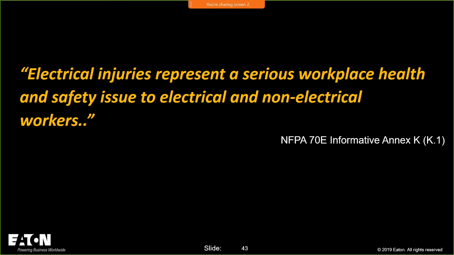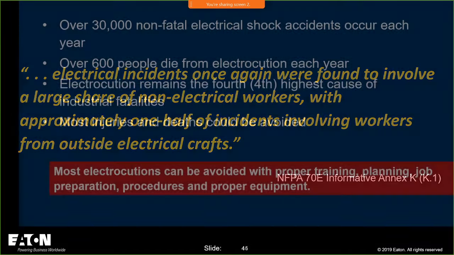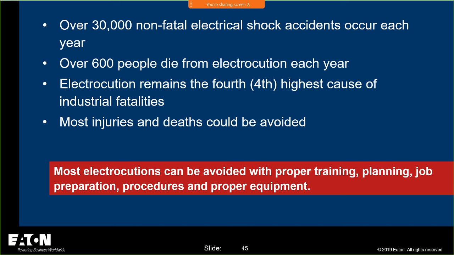So we have GFCI protection not just for us who work in the industry, but for anybody who is interfacing with electricity or using appliances and tools. Again, in Annex K.1, they tell you that about 1/2 of the incidents involve workers outside of the electrical crafts, and that's just the crafts. That's not including the shocks in residential areas as well.